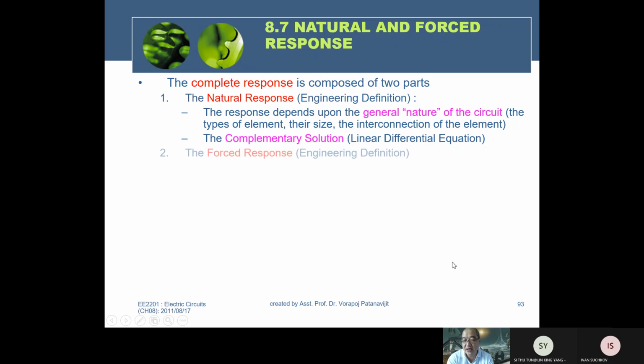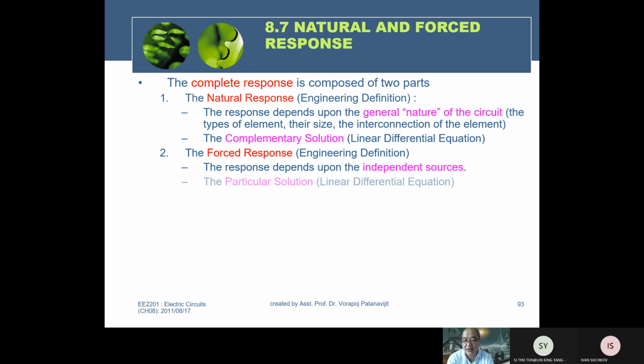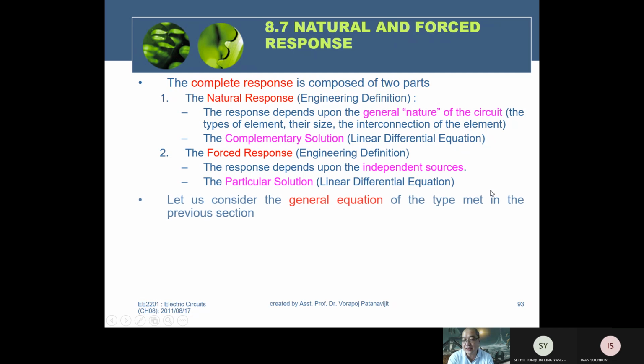The forced response, from the engineering definition, is the response that depends only on independent sources. Therefore, its value is constant. In the mathematics point of view, this part is called a particular solution, derived from the linear differential equation.